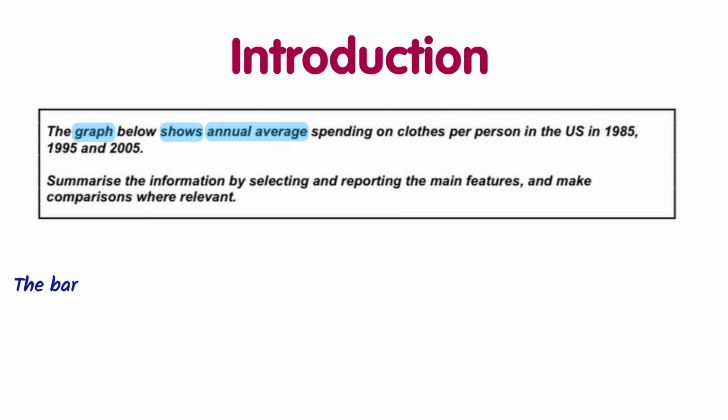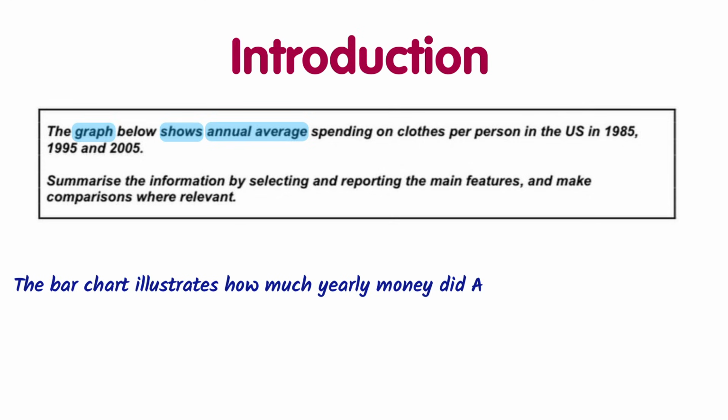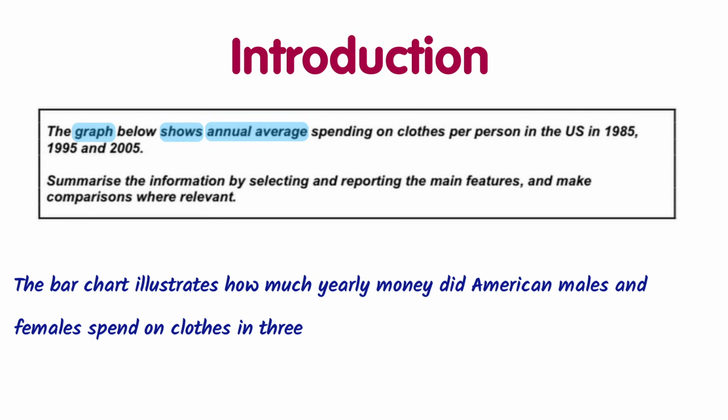So the bar chart illustrates how much yearly money, instead of annual I write yearly, did American males and females spend on clothes in 3 different years, 1985, 1995, and 2005. That's it. That's a good introduction paragraph.